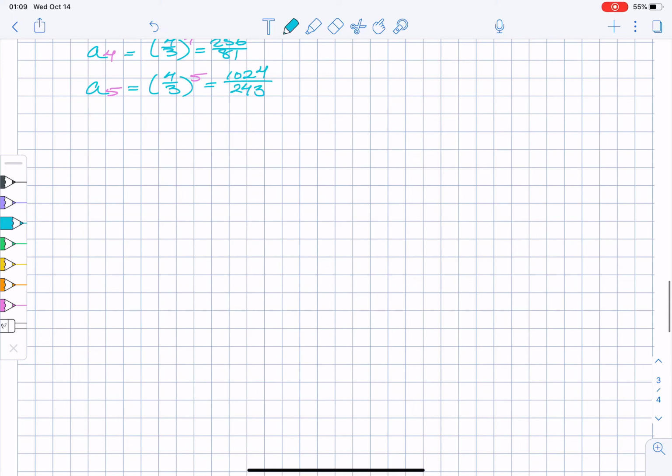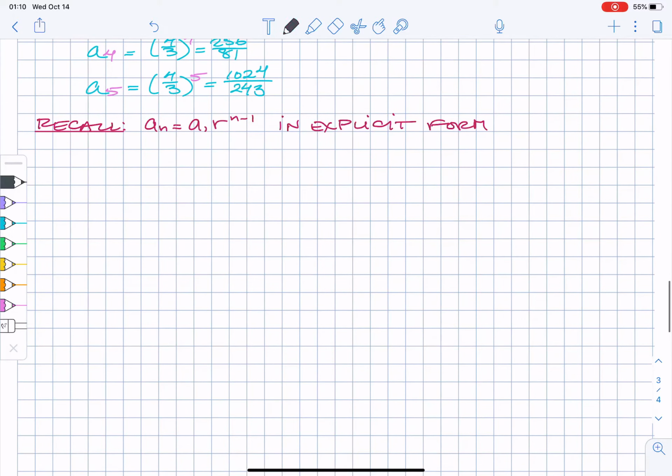So let's recall that A sub n is equal to A1 times R to the n minus 1 in explicit form, right? Meaning not recursive, explicit form. Okay.